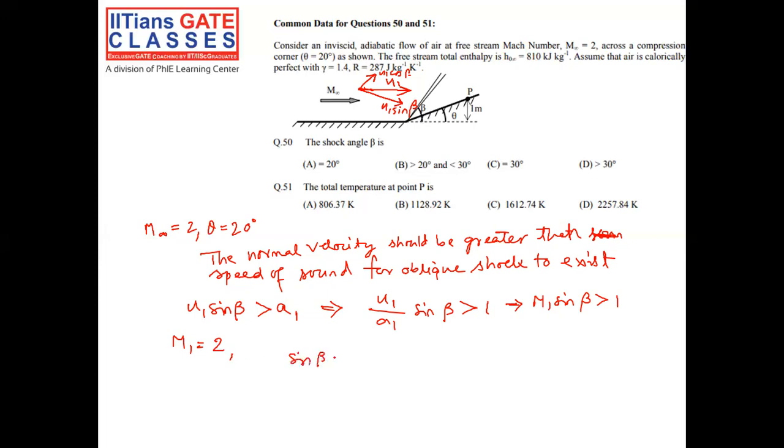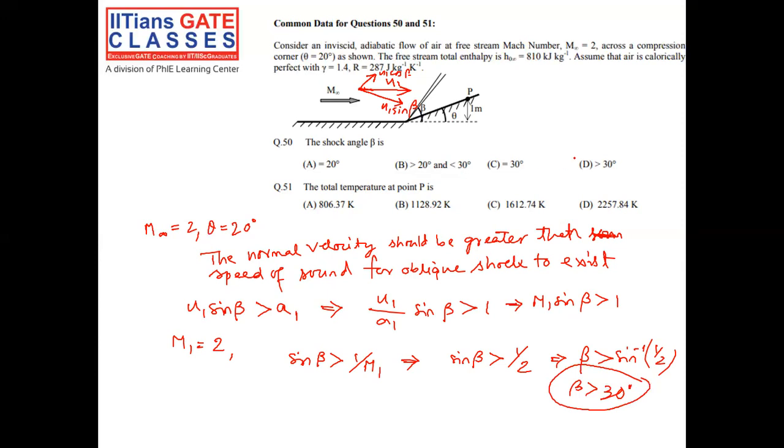So sine beta will be greater than 1 by M1, or greater than half, which means beta is greater than sine inverse of half, or beta is greater than 30 degree. So option D is the correct answer.